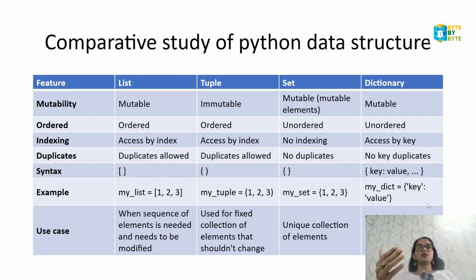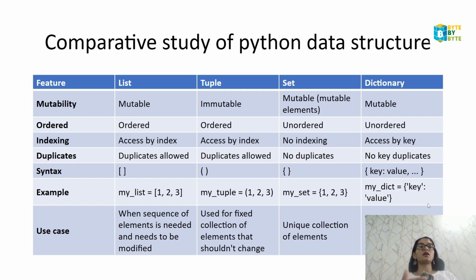Your tuple is immutable. Immutable means once created, you cannot change its elements. Your set is a mutable data structure, and dictionary is also a mutable data structure.